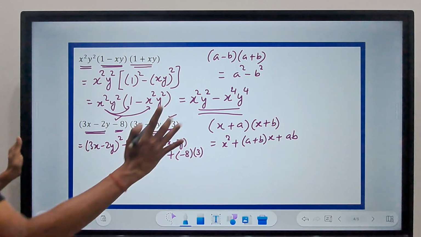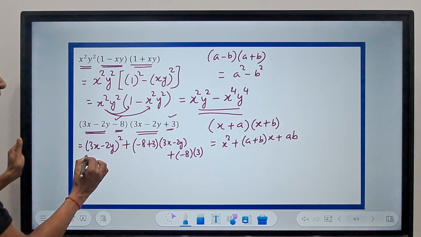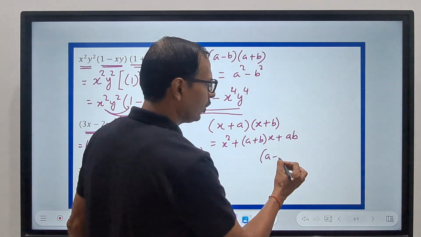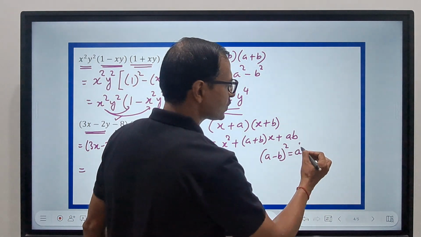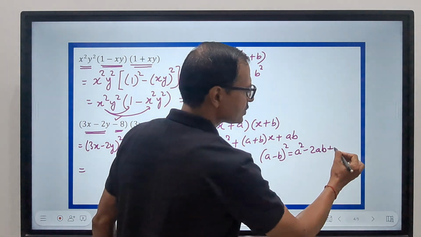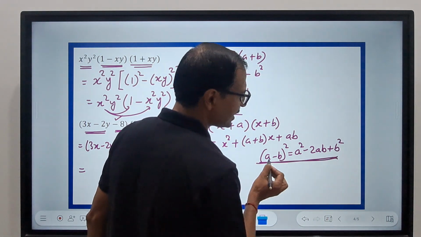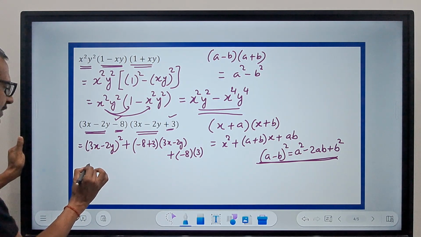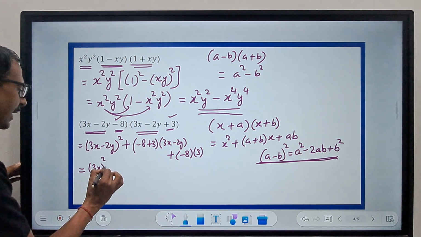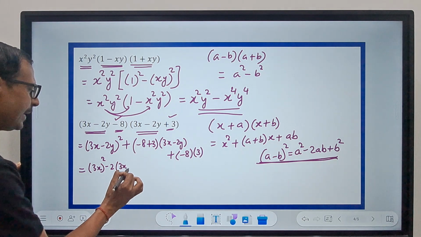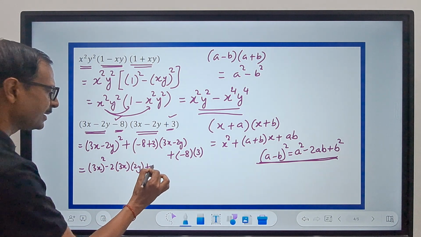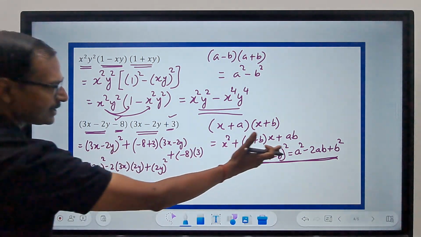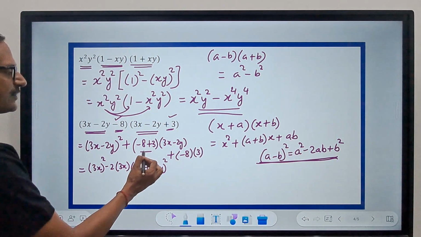And now I need to open all the brackets. For opening the first bracket, I need to use another identity which is (a minus b) whole square, and that is a square minus 2ab plus b square. I am going to use this identity to expand this. So if I expand this, a square minus 2ab plus b square. See, I applied the identity to open this, and then this is minus 5, right?